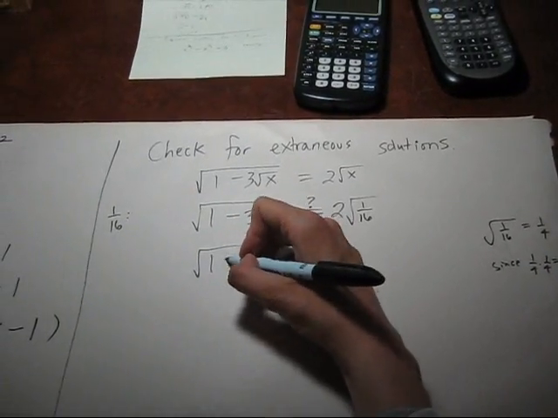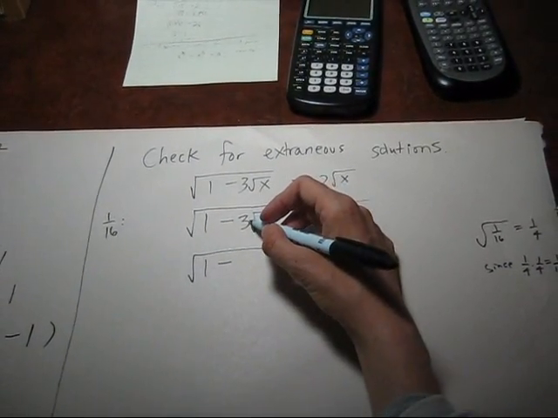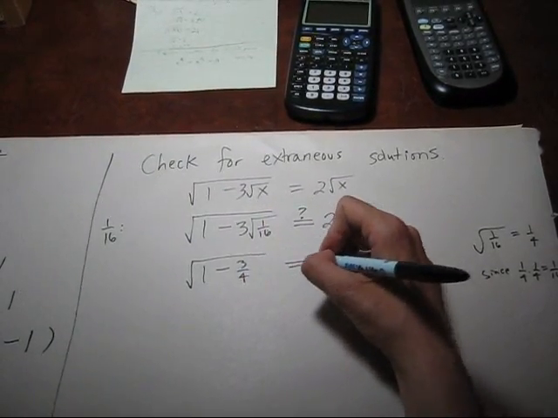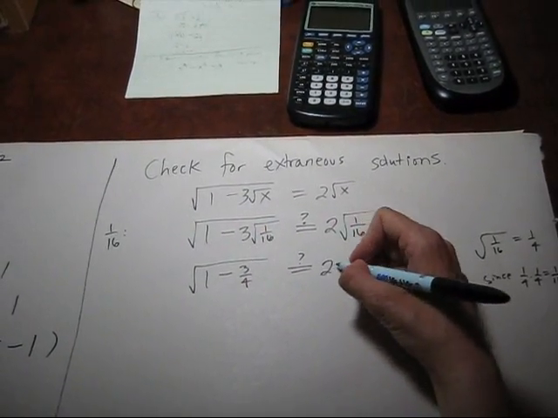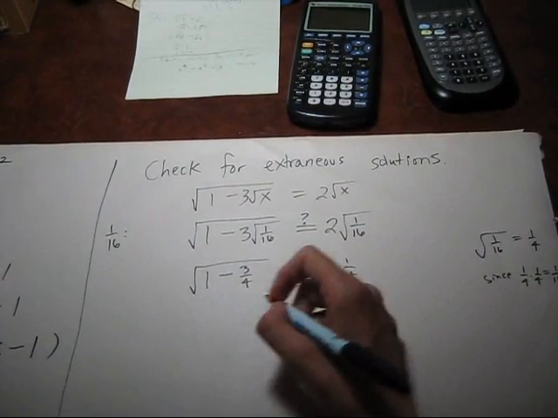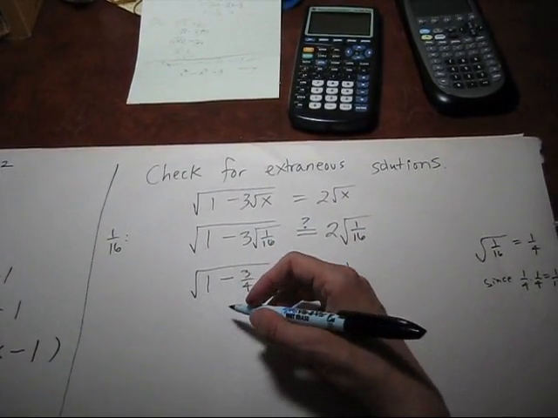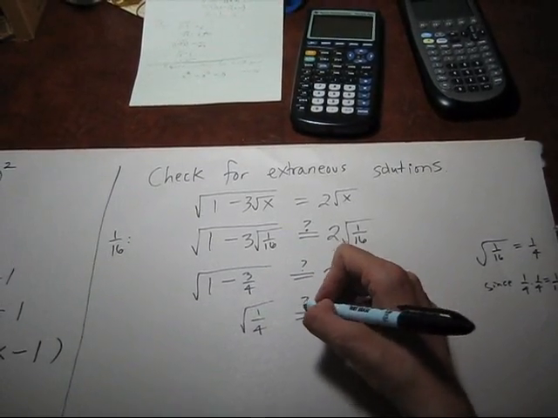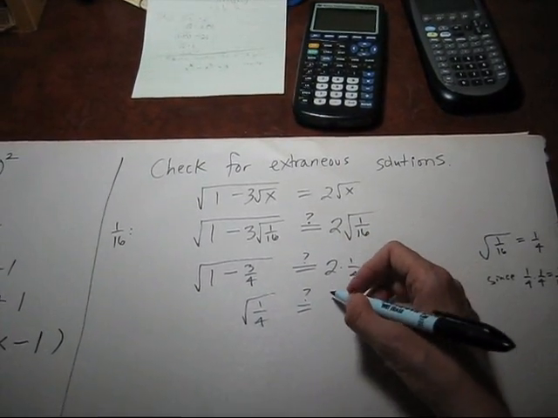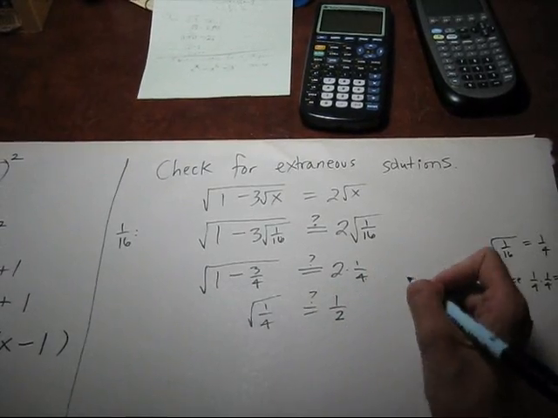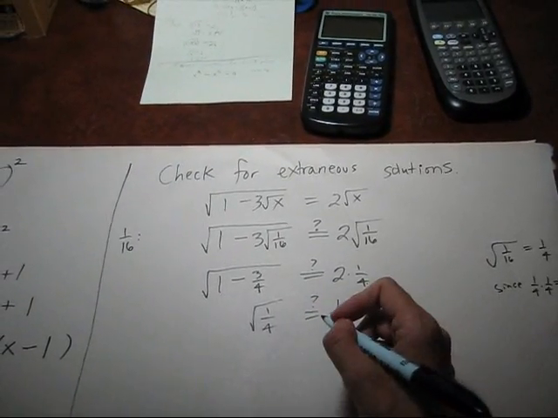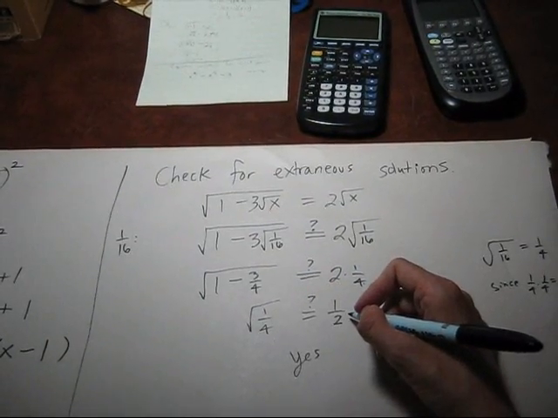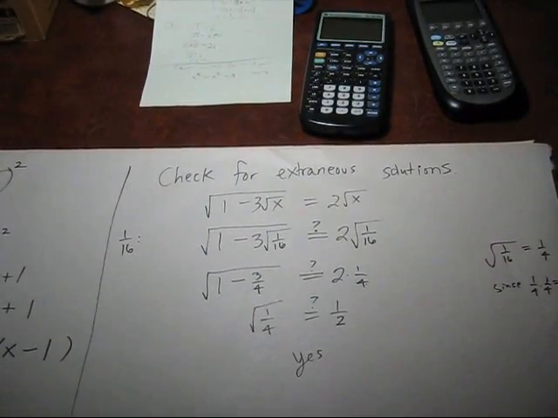So we're going to have 1 minus 3 times 1/4, which gives me 3/4. And does that equal 2 times 1/4? Well, 1 minus 3/4 is 1/4. Okay, we want to know if that equals 1/2. Does it? Yes, the square root of 1/4 is 1/2.